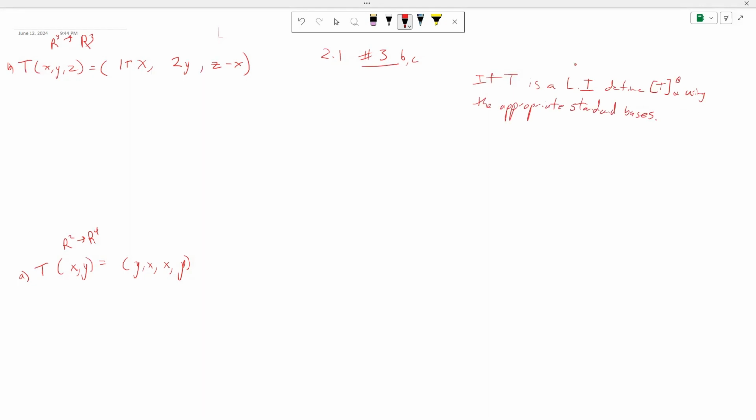First, we need to prove whether or not it's a linear transformation. And second, if it is a linear transformation, then we need to define the matrix representation.